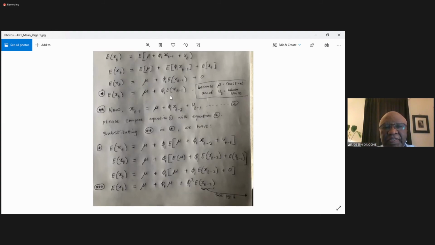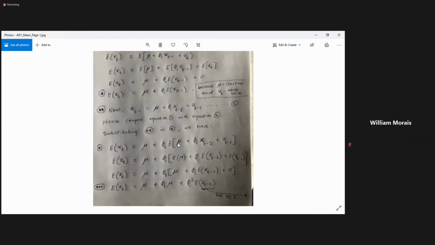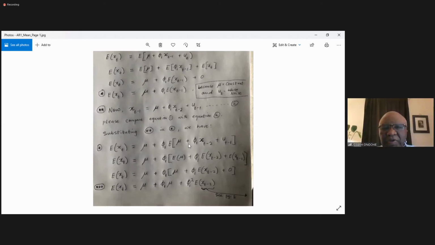So in this equation, I remove xt minus 1 and I replace it with everything here. You see that in equation 2? That's what I did. And then I expand it. So this is the same, but here I remove this bracket. So it's phi1 E of mu plus phi1.